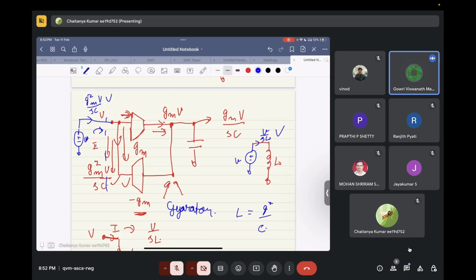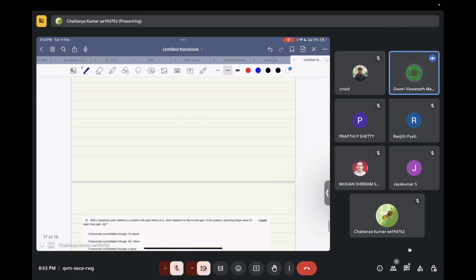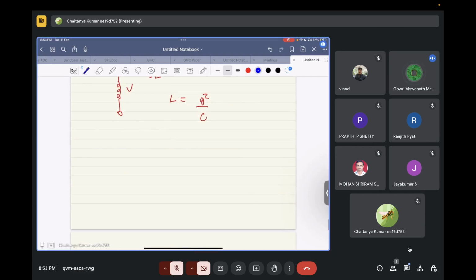Okay, so any other doubts? Hello, sir. One doubt I have, very simple. What is the difference between loop gain and closed loop gain? I will explain it over here. So, here we have the feedback terminology, right?